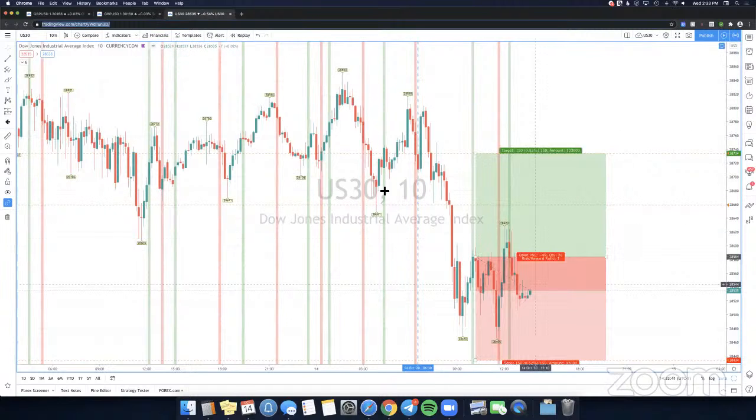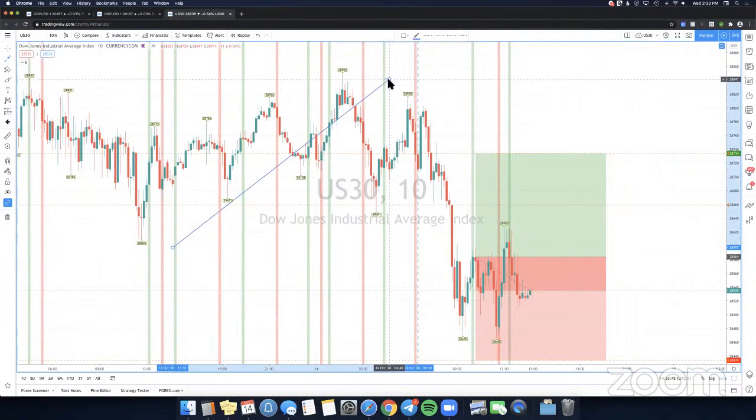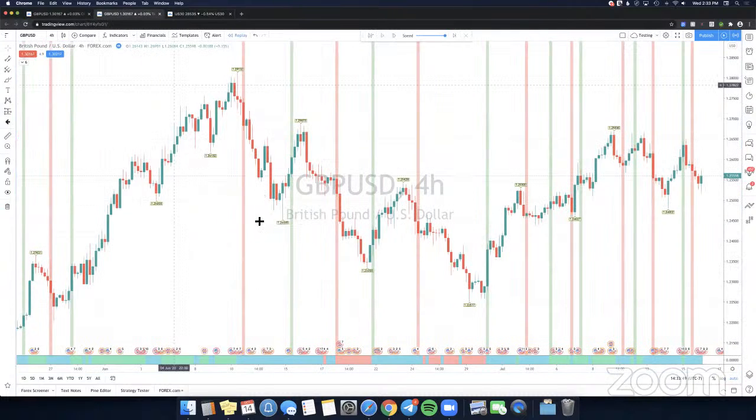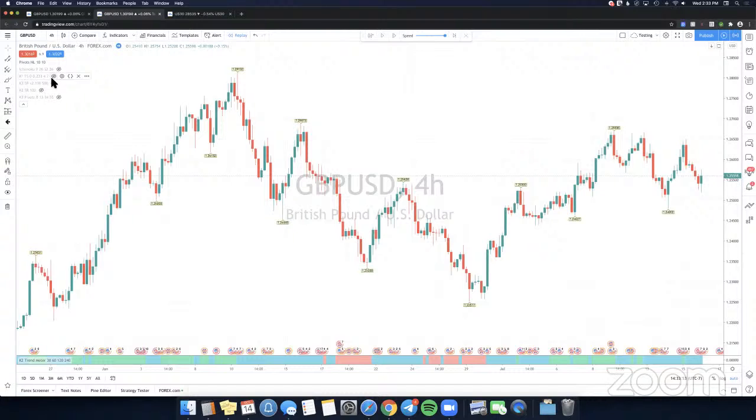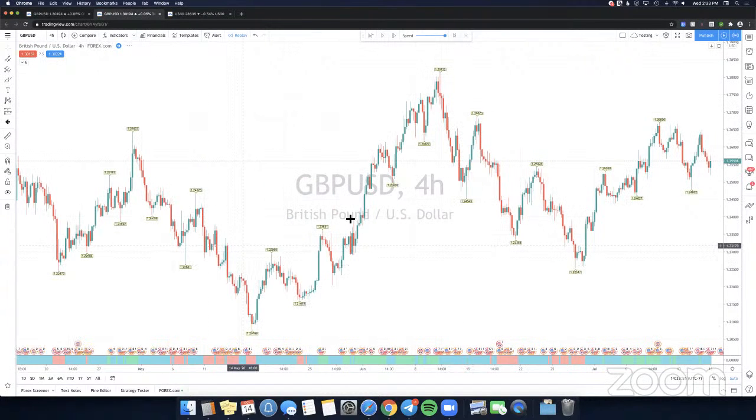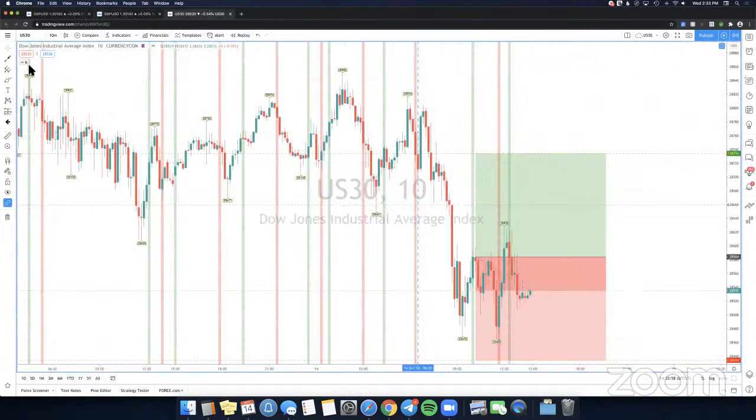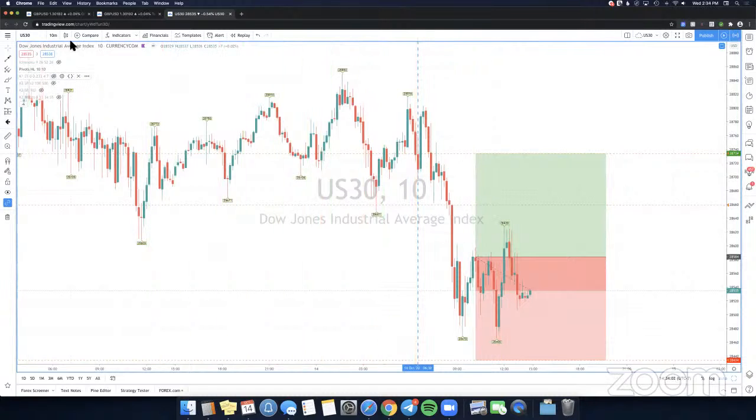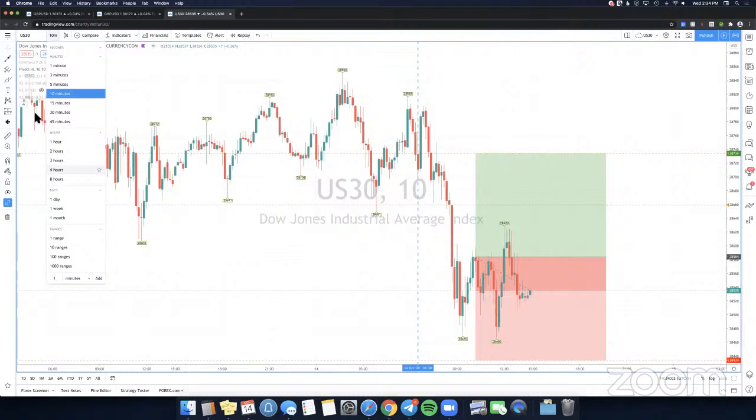Stocks and US 30, they're directional assets. They generally go in one direction or the other. The thing with currencies is that they go back and forth. If you look at the currency market, they literally bounce back and forth. If you look at US 30, it's directional.